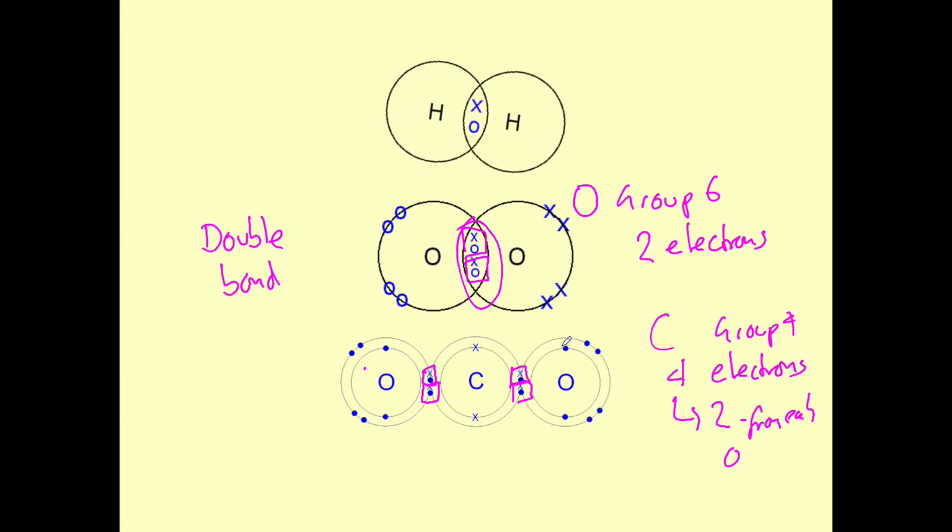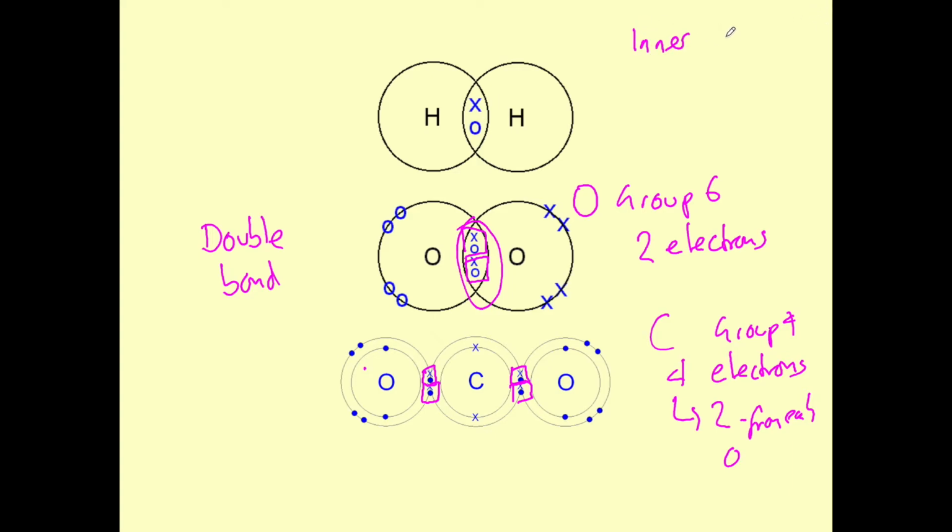With hydrogen though, hydrogen only has that first inner shell, and our inner shell can only actually hold 2 electrons. And so hydrogen being in group 1 has one electron, but it also needs just one electron in order to make it full.